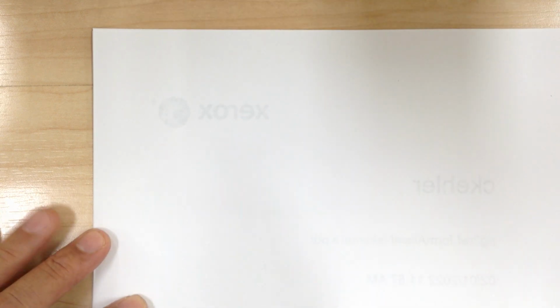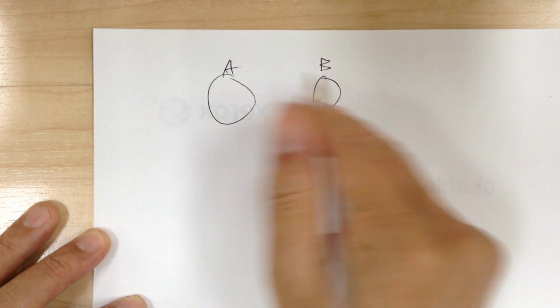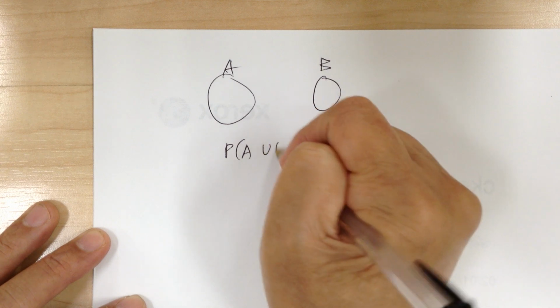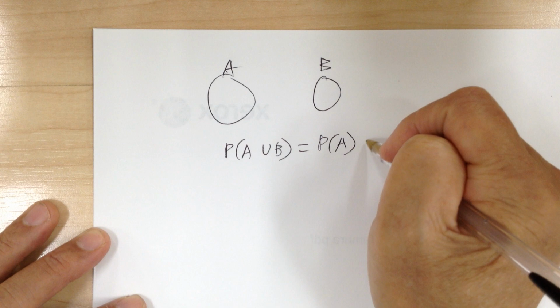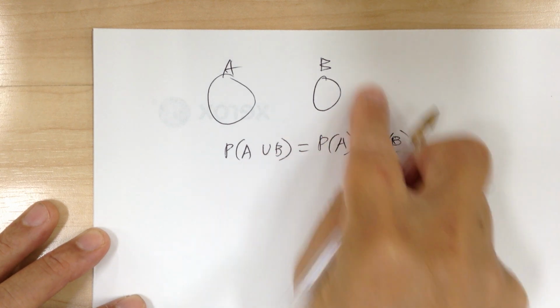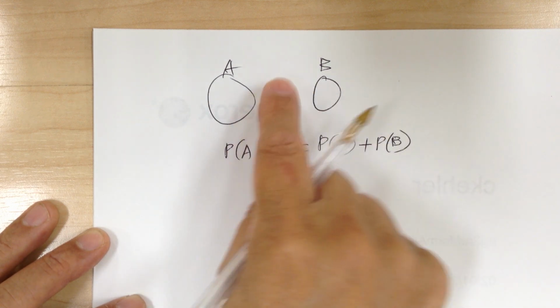Now, if there's no overlap, so mutually exclusive means you can only be either A or B. So you have this kind of situation. If there's no overlap, then the probability of A union B, the whole thing, would be just the probability of A plus the probability of B, because there is no overlap.